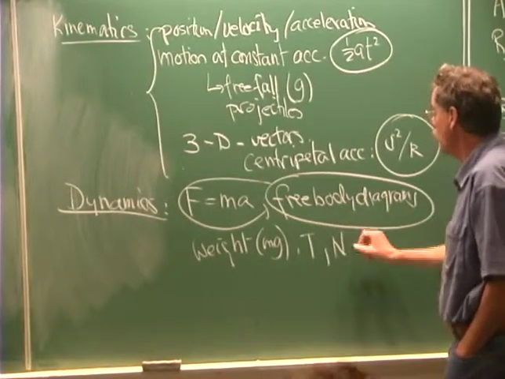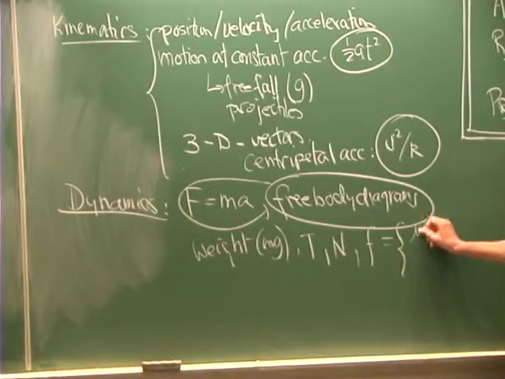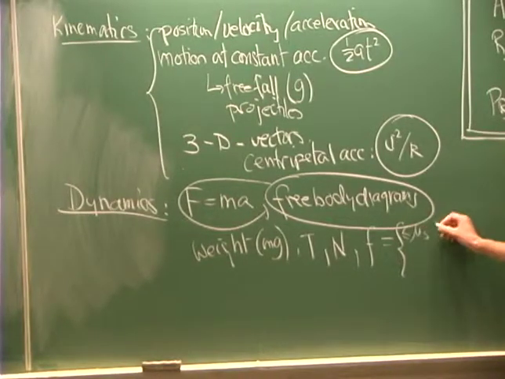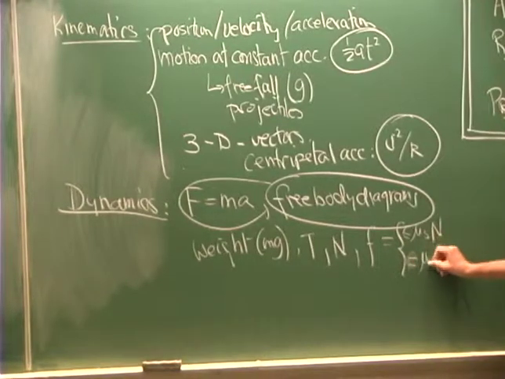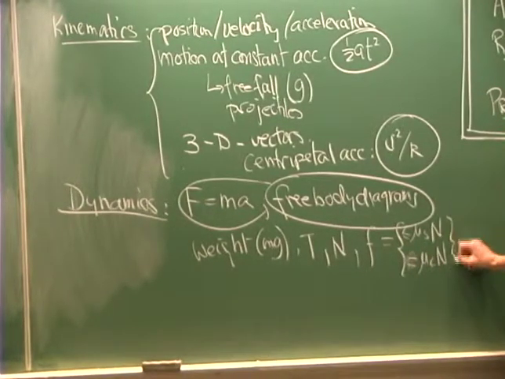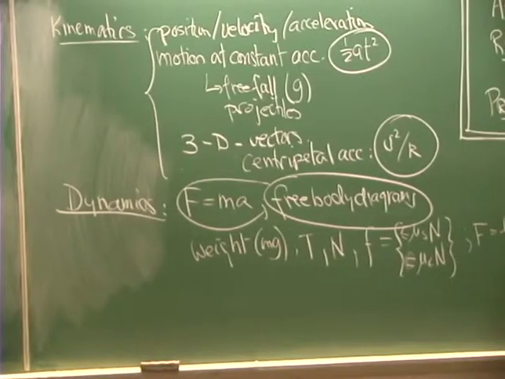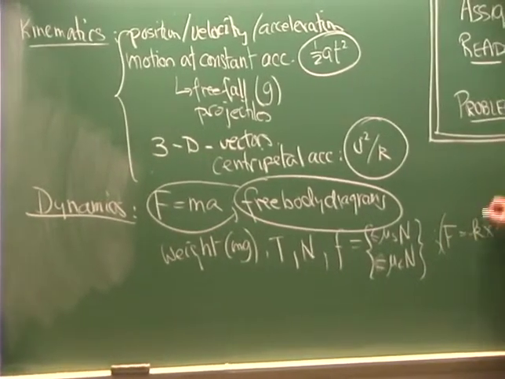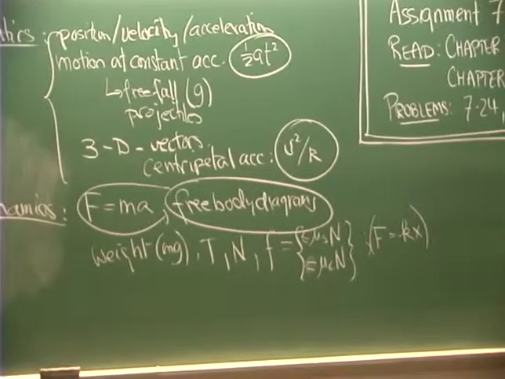Tension forces, normal forces, frictional forces, and the 2 kinds: f static less than or equal to mu static times the normal force, or equal to mu kinetic times the normal force. Possibly the force of a spring, F equals Kx, the force to extend a spring out a certain distance, although I kind of doubt it, since we haven't worked that much yet with springs, but possibly that would be it.